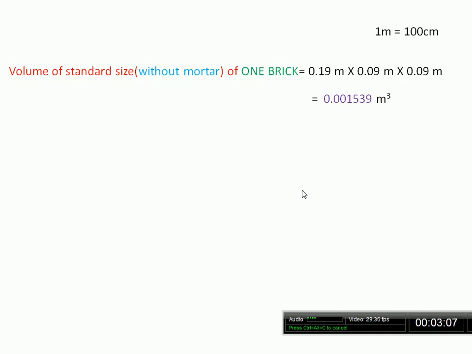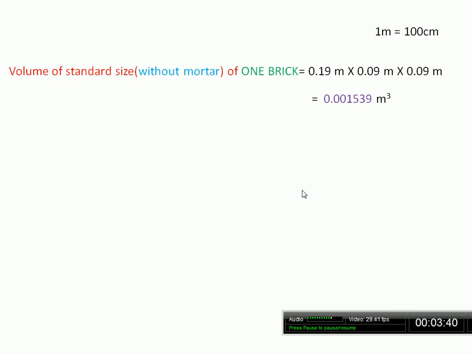Now we calculate how much mortar is used for brick masonry. So first of all we find out the volume of standard bricks. That means without using mortar, we find out the volume of 1 brick. The size of the standard brick is 0.19 multiplied by 0.09 multiplied by 0.09.